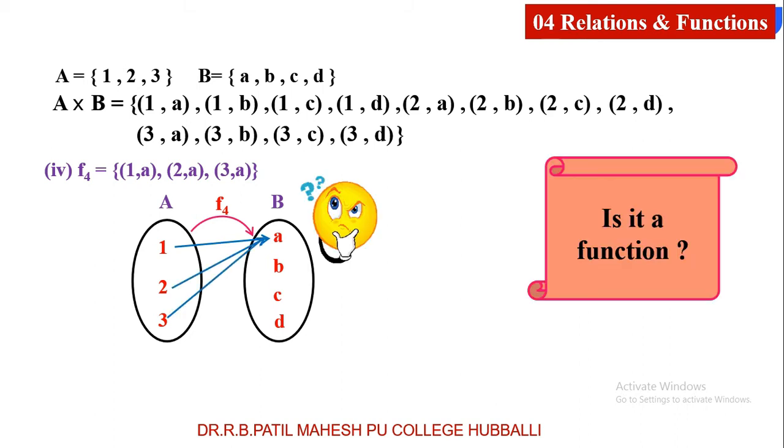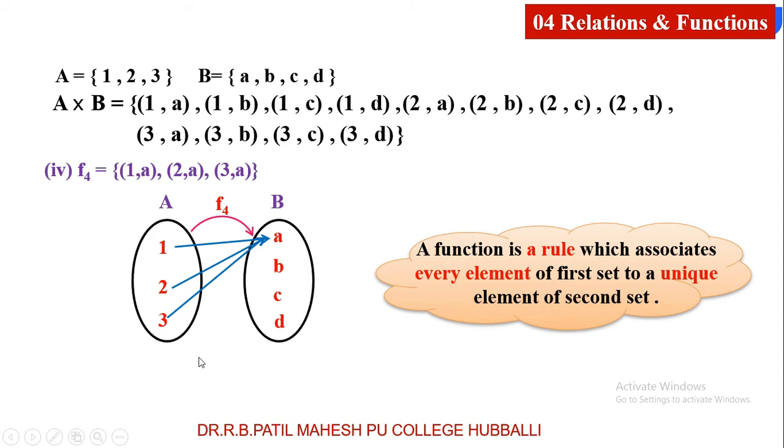Dear students, is this a function? Then what is the definition of function? A function is a rule which associates every element of first set to a unique element of second set. You can observe the set A, the first set, with elements 1, 2, 3. Does 1 have only one element in the set B?